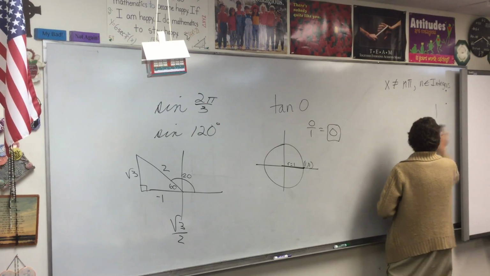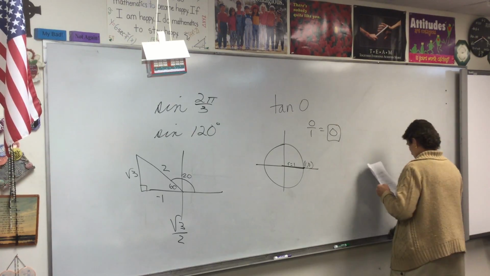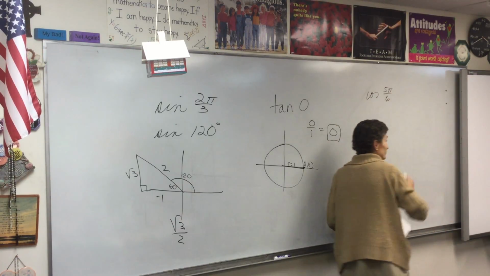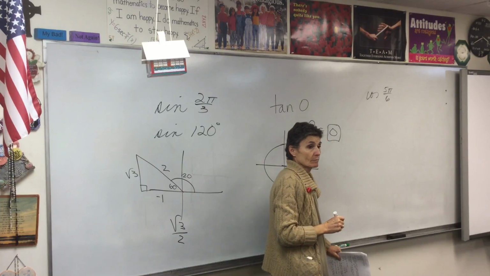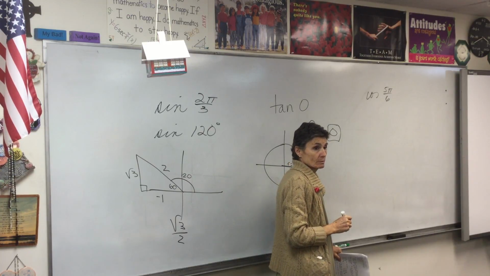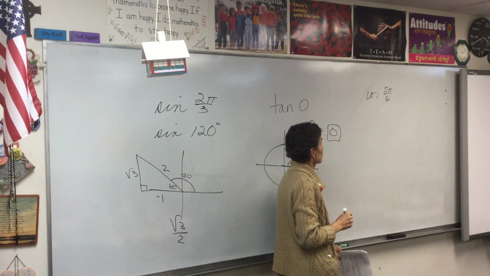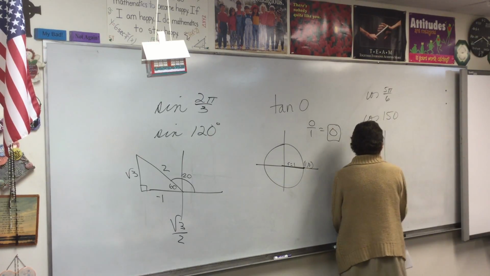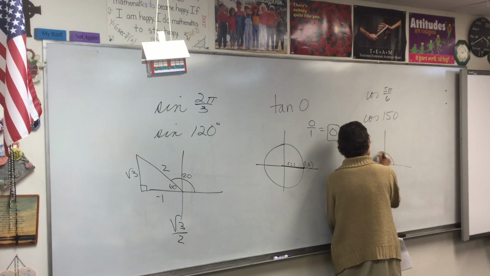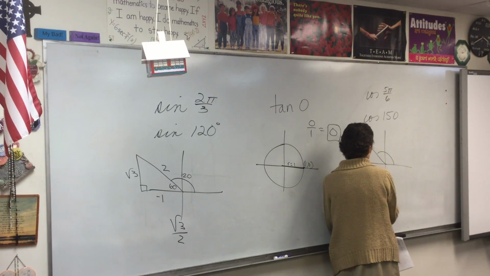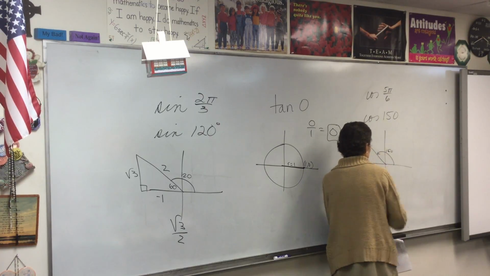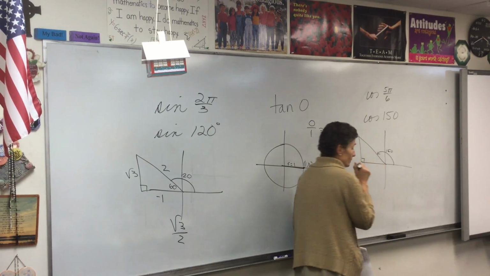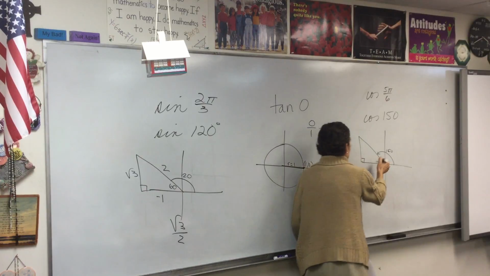Cosine 5 pi over 6. What is that? It's 150. So I'll draw 150, and I'll figure out this angle right here. 30.